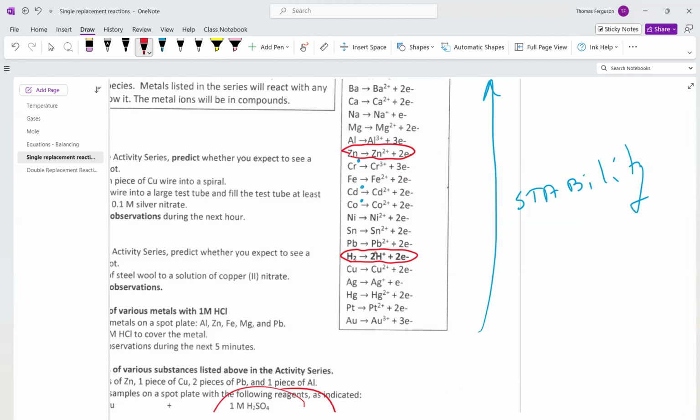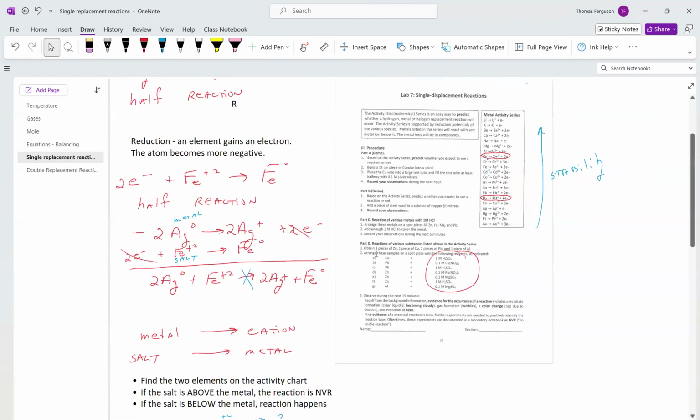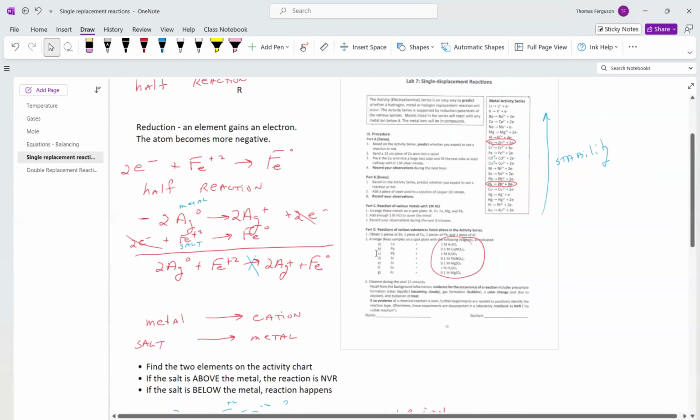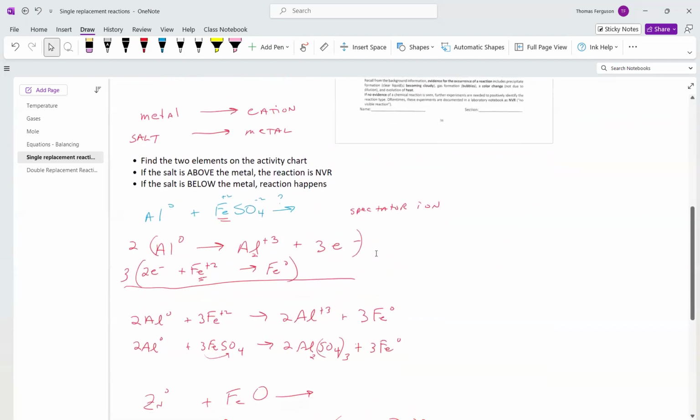Because the metal is above the salt, it's going to happen. So this reaction is going to happen, because the zinc wants to become oxidized big time, because it's high up there. We're just going by this chart. In this case, the salt is below the metal. The metal is zinc. That means a reaction happens.